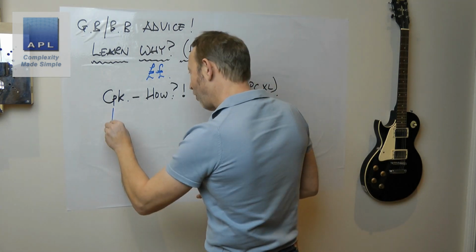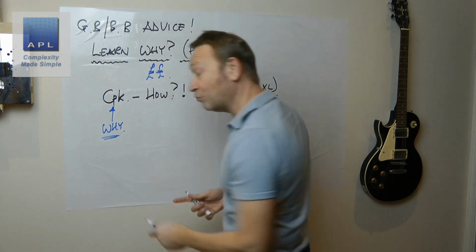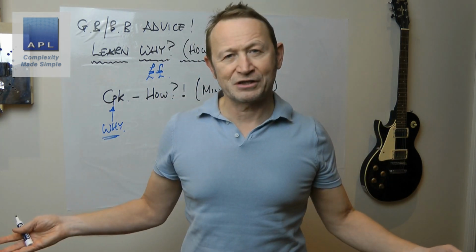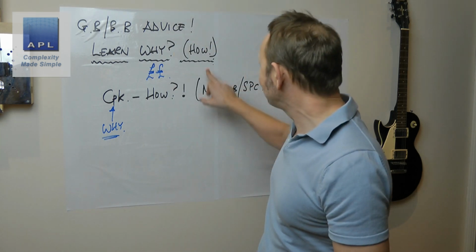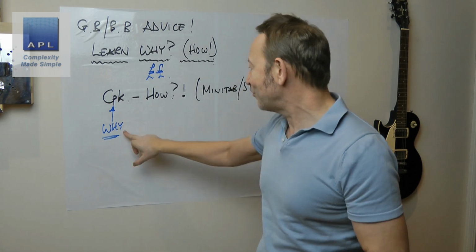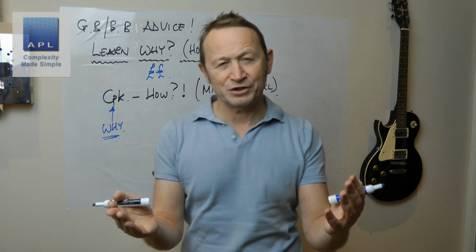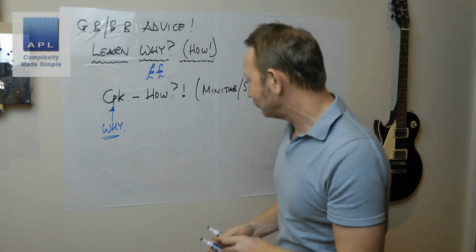Let's talk about why I do CPK. See, and this goes to the heart of all the statistical tools. People learn statistics at university and it bores the pants off them. Why does it bore the pants off them? Because they learn how, they don't learn why. Now, why do I want to do CPK? What does CPK do? Here's what it does.